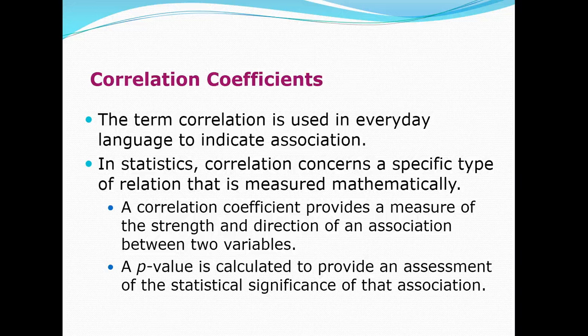So that's what correlation is, that we're making an association. Now, in statistics, correlation concerns a specific type of relation that is measured mathematically, and you get the correlation coefficient. Based on the value of your coefficient, it gives the researcher a sense of the measurement of the strength and direction of an association between two variables.